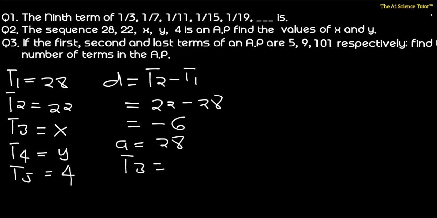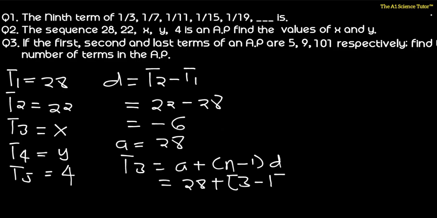The third term is T3, and T3 is A plus n minus 1 times D. Now, if n is 3, this is going to be 28 plus 3 minus 1 times D, where D is negative 6.